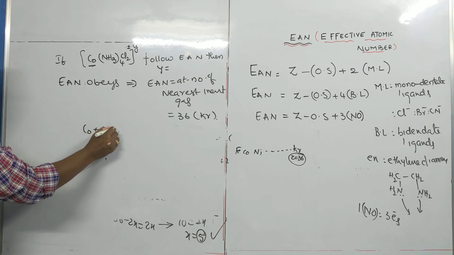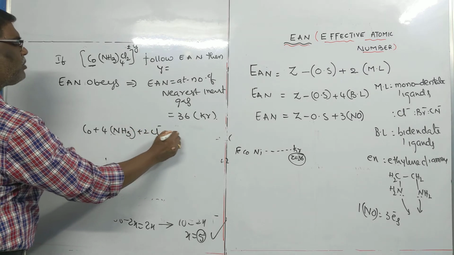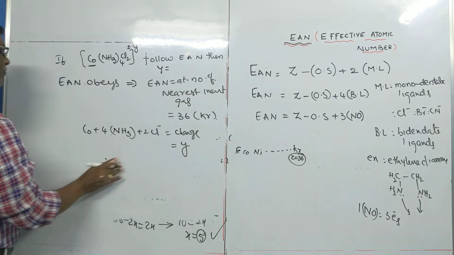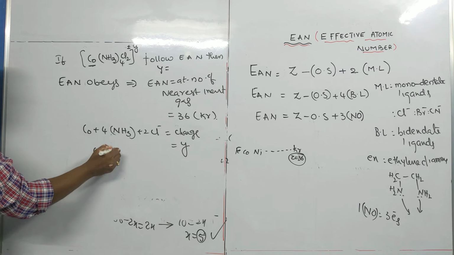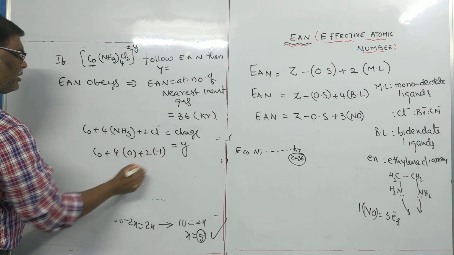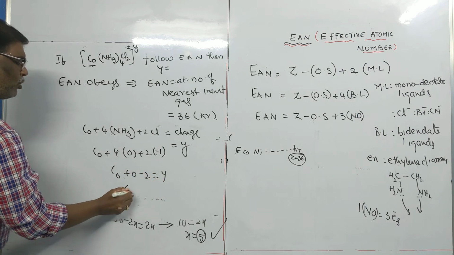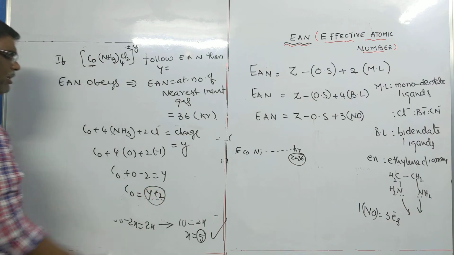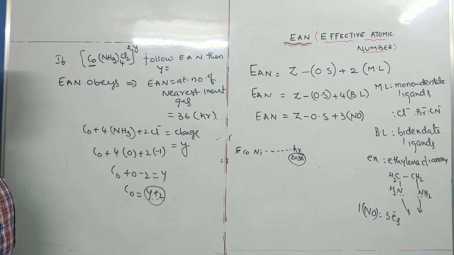Cobalt plus 4 ammonia plus 2 chloride is equal to the charge. Let us suppose the charge is y. Cobalt oxidation state plus 4 into 0, since ammonia is a neutral ligand, plus 2 into minus 1, equal to y. So cobalt oxidation state is y plus 2.